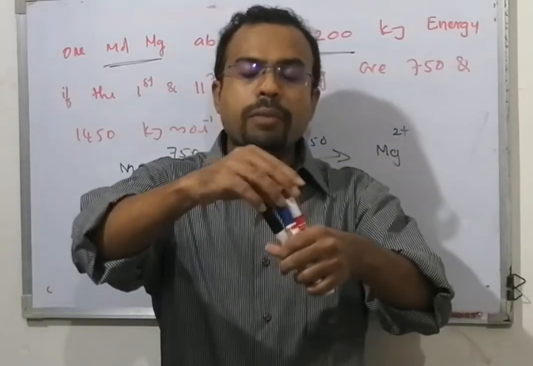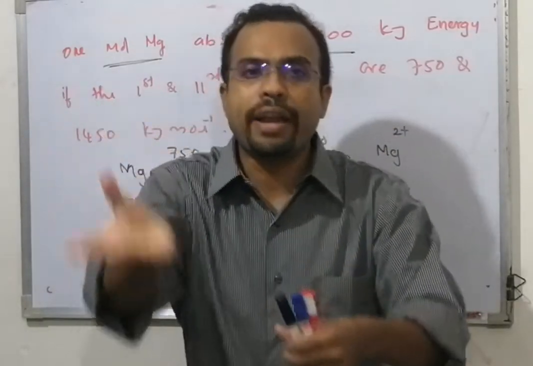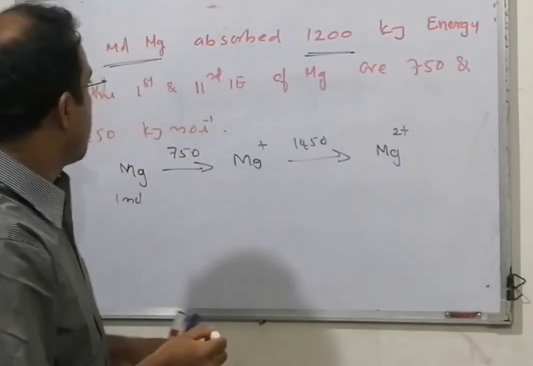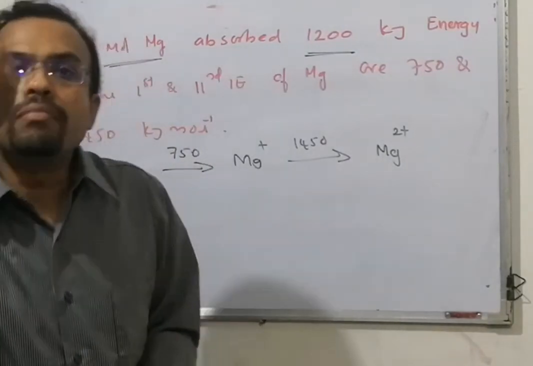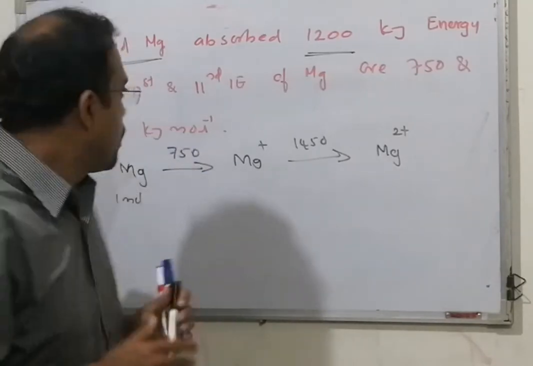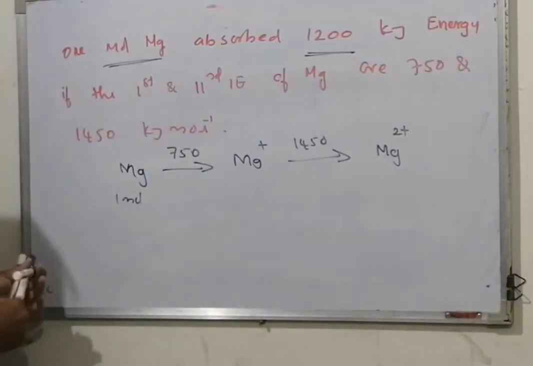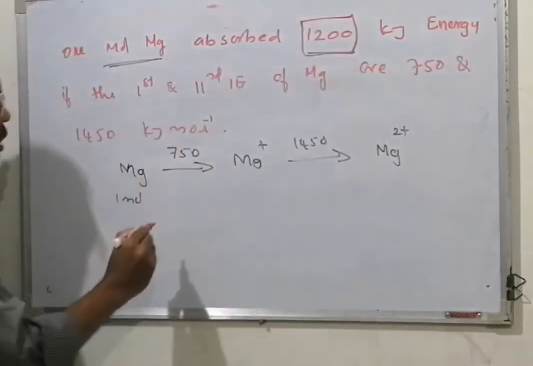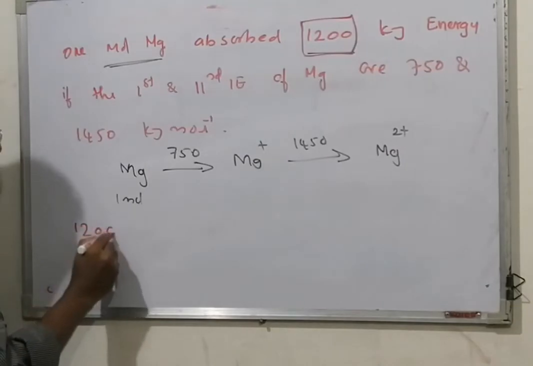First all magnesium become first ionized, then they will become second ionized. We have only this much energy.